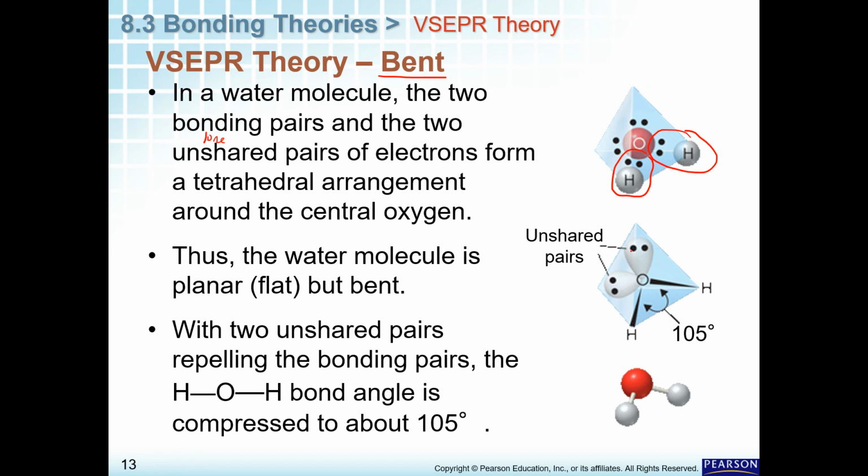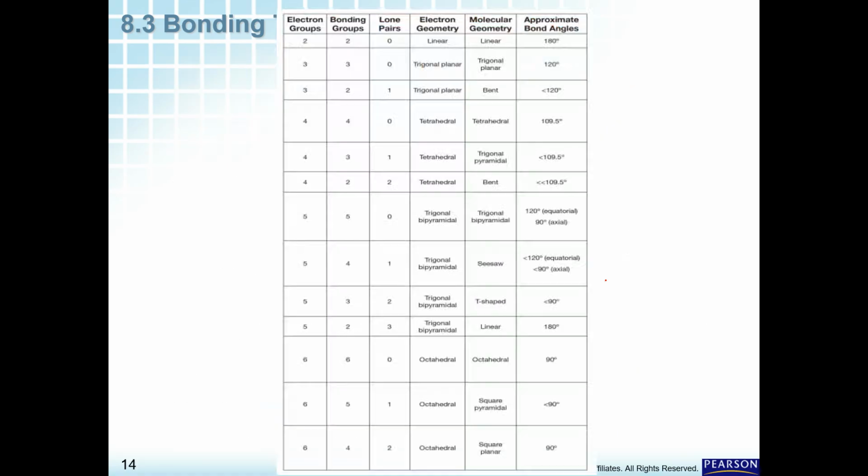Up here we have a lone pair because it's not bonding anything, and over here we have a lone pair, again not bonding anything. So we end up getting 2 bonding, 2 lone. And if we look at our handout, 2 bonding and 2 lone gives us the shape of bent.